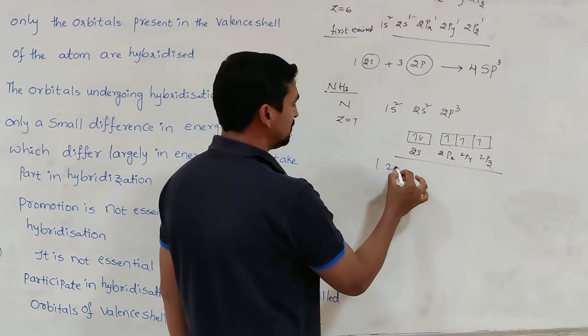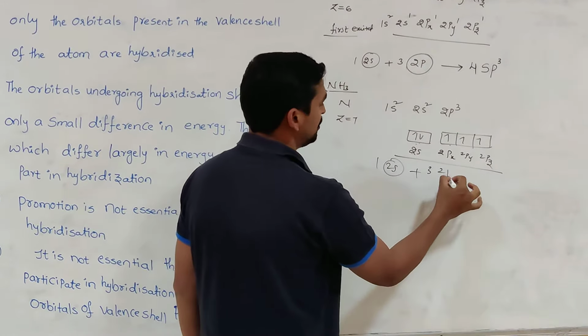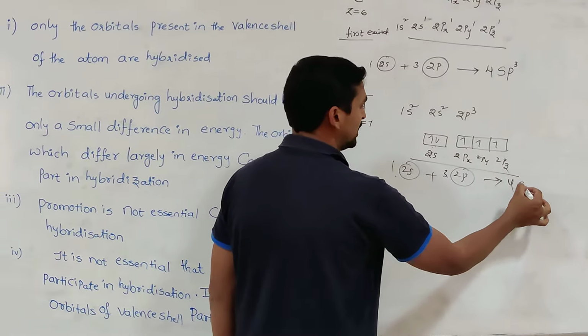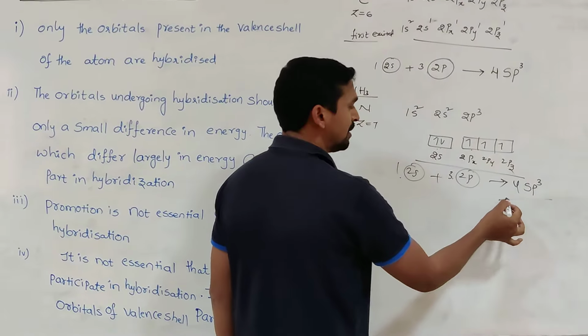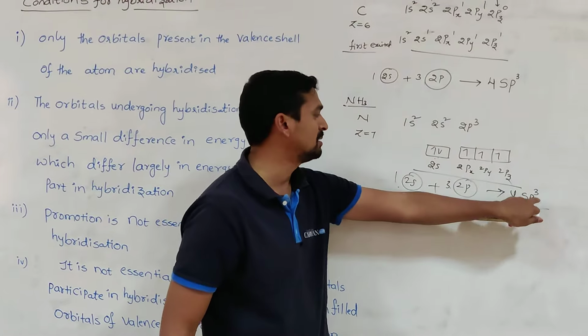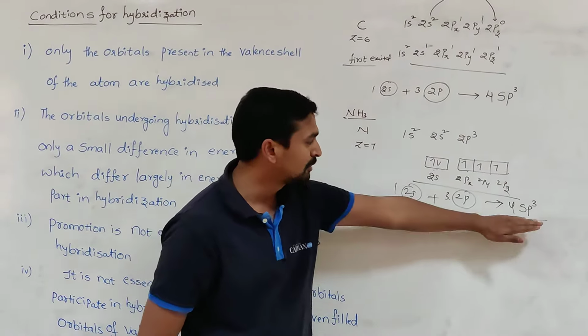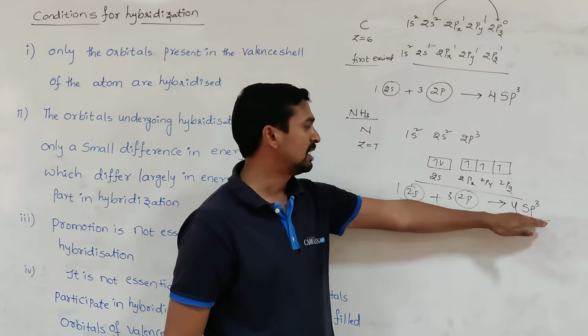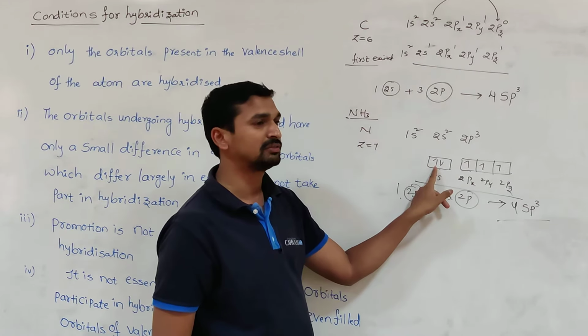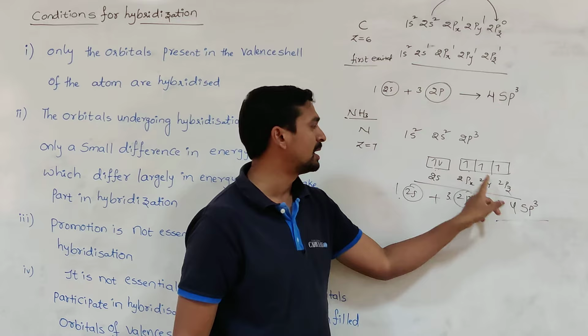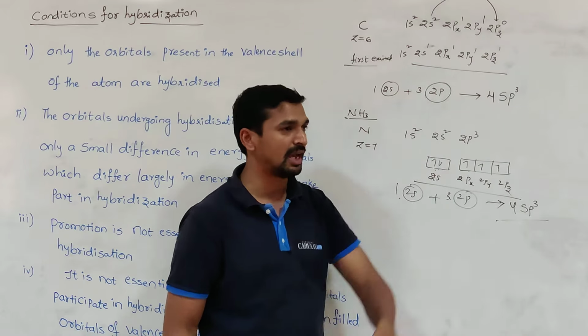So here one 2s orbital and three 2p orbitals are involved in the hybridization. 3 plus 1, 4 sp3 hybrid orbitals are formed. Out of the 4 sp3 hybrid orbitals, 1 contains the paired electron. The remaining 3 hybrid orbitals contain the unpaired electrons.